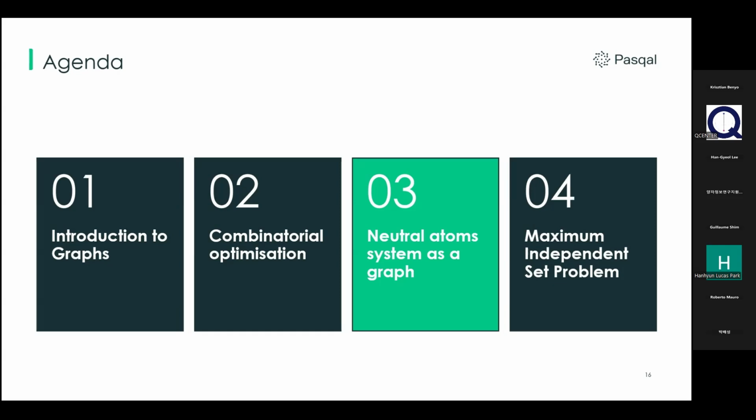Now, we are going to revisit the neutral atom system in order to start connecting the first section, what we've seen on graphs, with the second section, what we have seen as an introduction to combinatorial optimization problems.